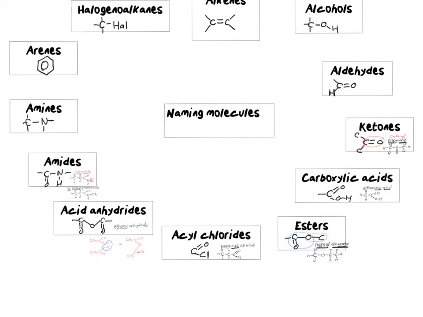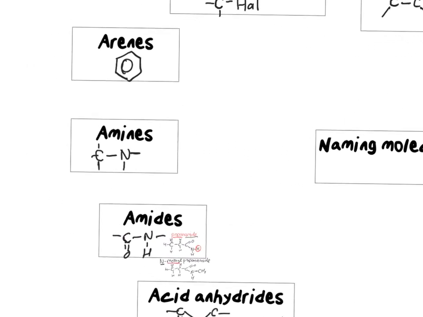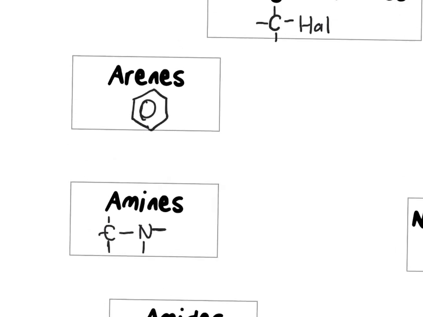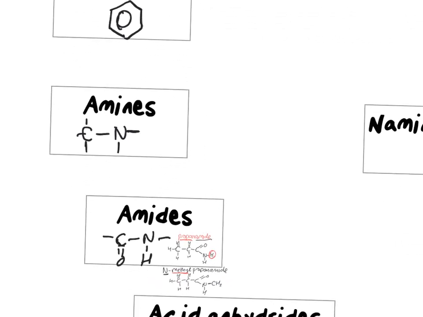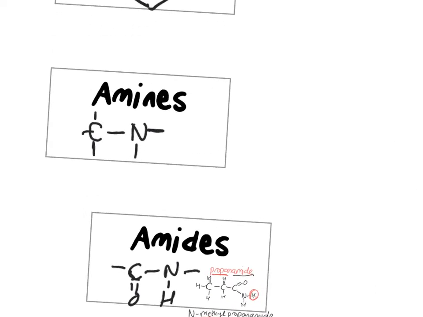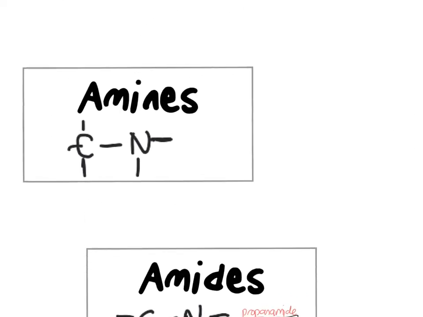And the final two functional groups that we're going to be studying at A level are the amines and the arenes. And if we first of all look at the amines, amines are also known as organic derivatives of ammonia.